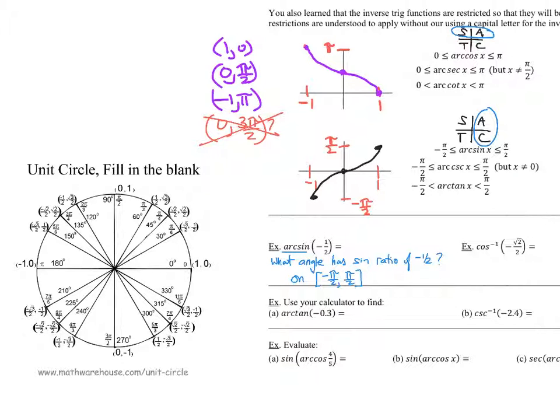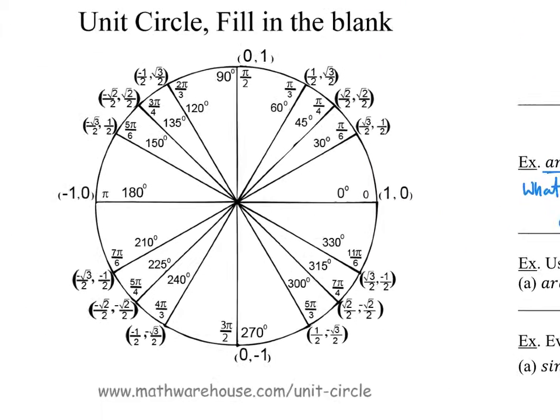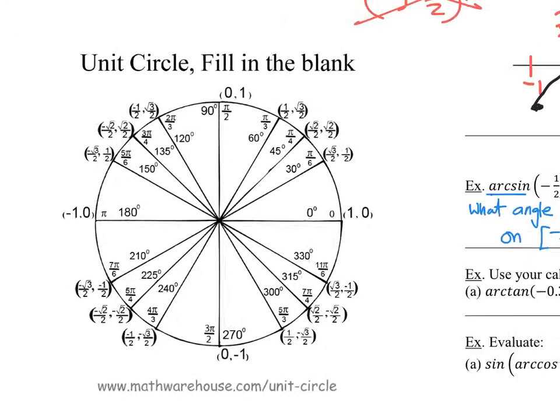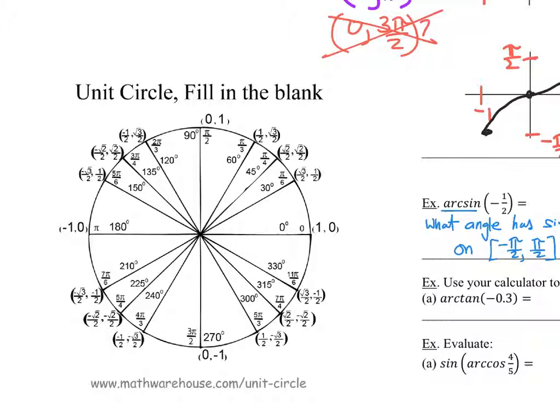All right, so if you know this information, then you're in good shape. The sine ratio of -1/2 is where the y value is equal to -1/2. But when I'm dealing with an arc sine function, I don't care about all instances. I only care about the instances in the appropriate domain, or range, depending on how you think of it.